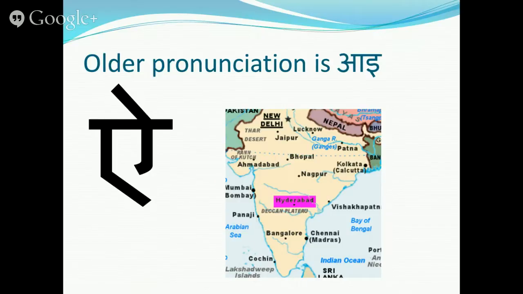So that Y is actually this sound. I didn't realize that until I went to India and I looked at the sign, and on the sign it had the spelling of the city in Devanagari. But the alternative pronunciation is Hyderabad.